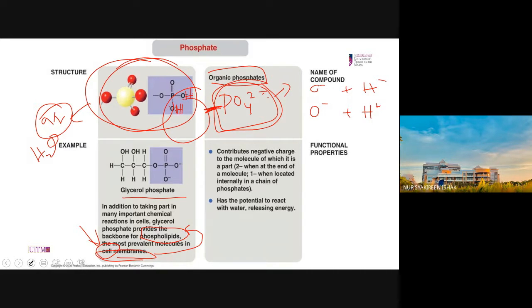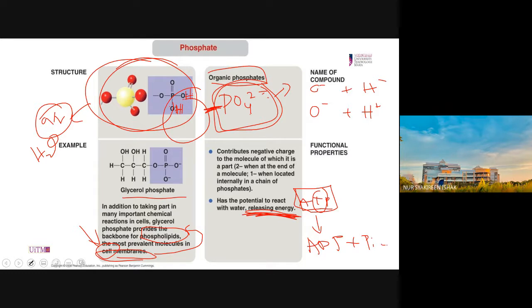PO4 2 negative. Another molecule where you can find a phosphate group is the ATP molecule, adenosine triphosphate. ATP has 3 phosphates. By releasing one of the phosphates, for example, it becomes ADP, and one inorganic phosphate is released.